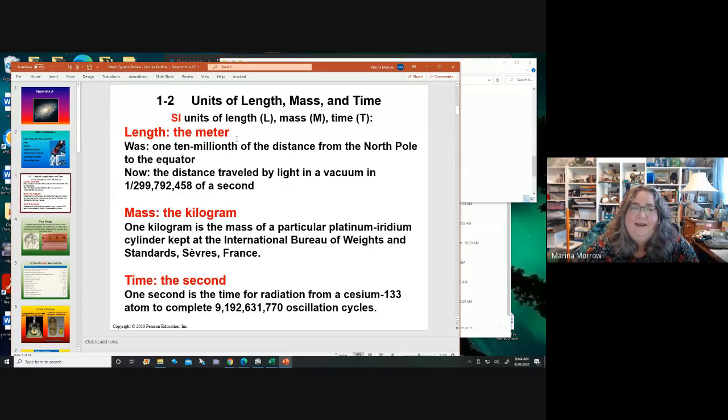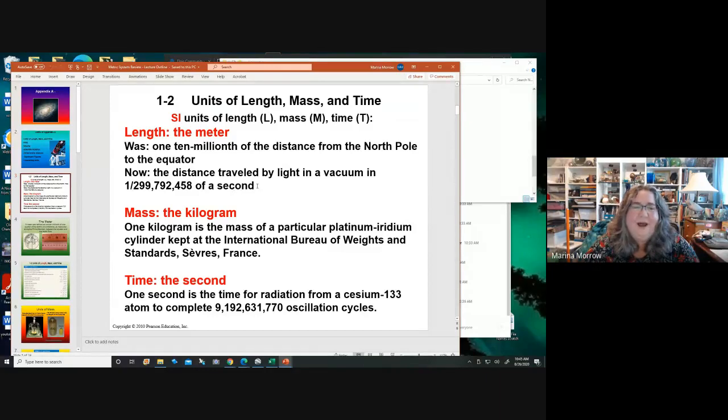And instead of relying on a king, they wanted something very scientific. So they said, well, we now pretty much know the size of the Earth, which is round, by the way, roundish. And they made the meter 1/10,000,000th of the distance from the North Pole to the equator. Now, you don't want to measure that every time. And nowadays, it's defined in terms of the speed of light, how far light will travel in a vacuum in a certain amount of a second.